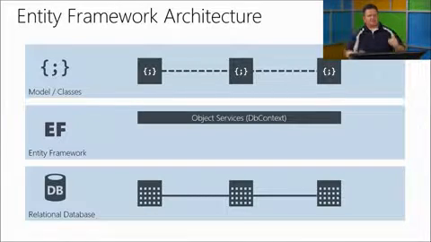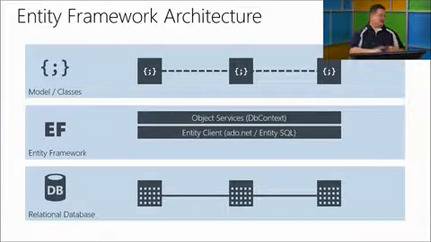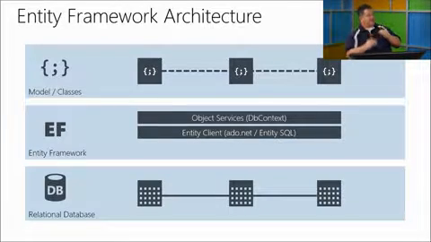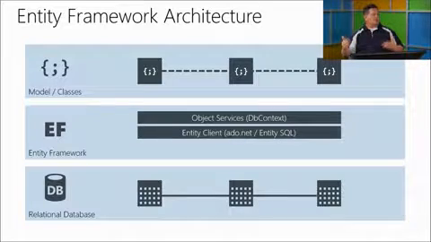Object services, though, sits on top of another layer called the entity client. And this is, in fact, an abstraction of ADO.NET. There's a connection, a data reader, a command, and all that kind of stuff that are specific to Entity Framework and are really almost a proxy for the underlying provider. And there's, in fact, even a querying language. There's Entity SQL that you can use.